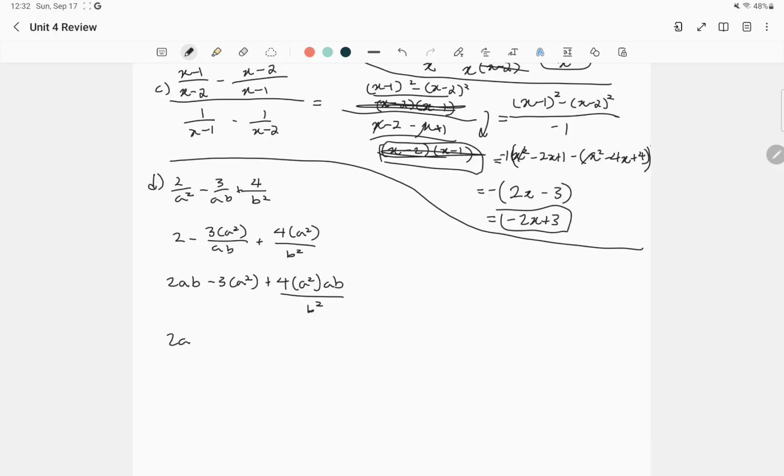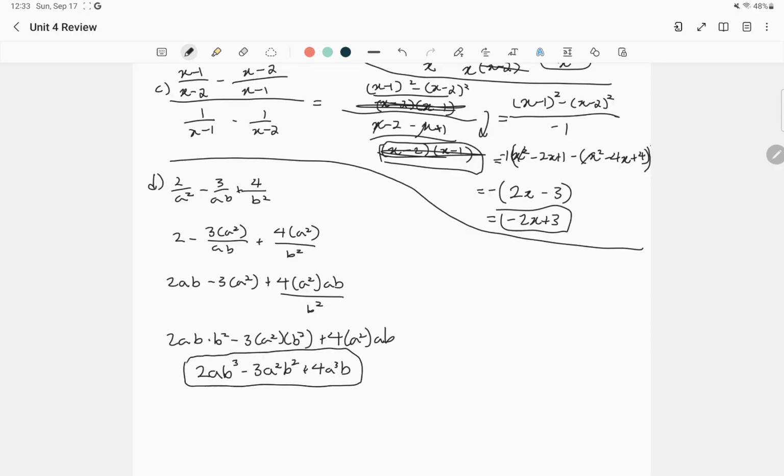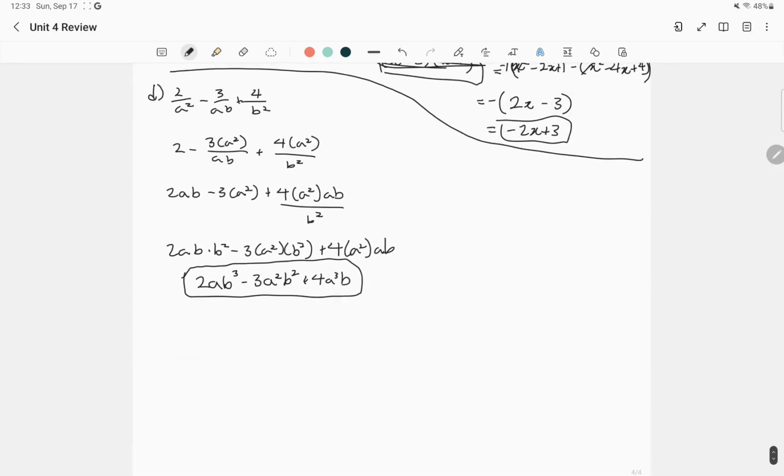So we have 2ab times b squared minus 3a squared b squared plus 4a squared ab. And this will simplify to 2ab to the third minus 3a squared b squared plus 4a to the third b. That is our answer. Alright, nice.